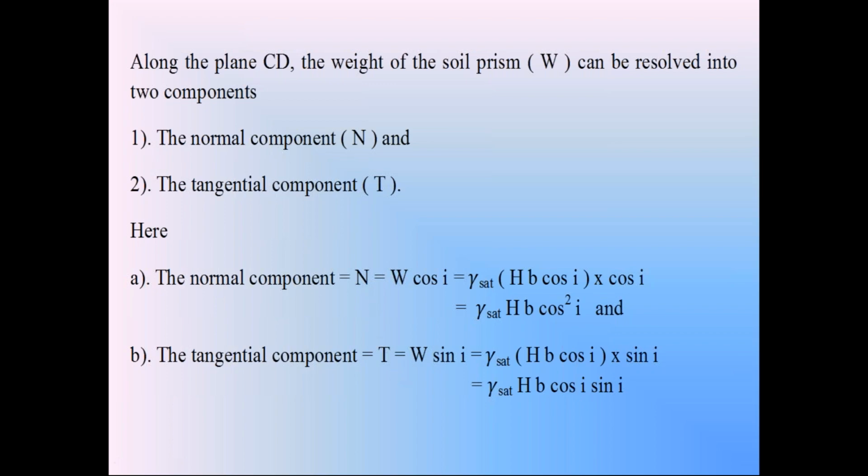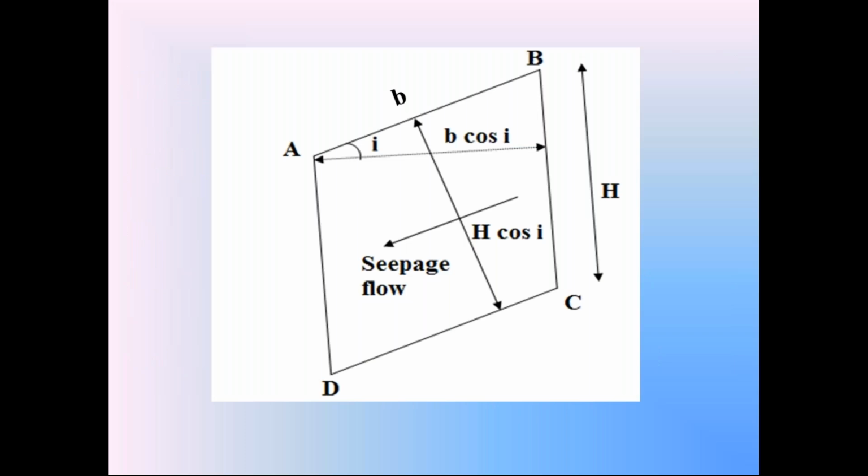Now coming to the effect of seepage flow in that soil slope. What is the effect of seepage flow in the soil slope? Now look at this direction of seepage flow. The seepage flow is in the downward direction.